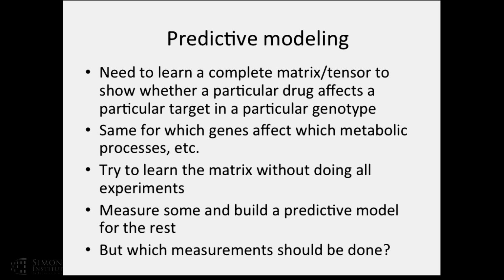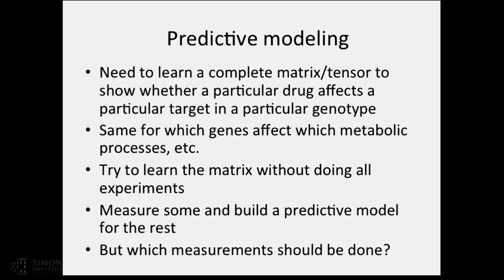And what I mean by that, and we're just going to stick with this as a motivating example, but we can change the variables as we wish, is let's think of the case where we have many possible drugs, so that's variable number one, and we have many possible targets, that's variable number two. Now we can add 3 and 4 and 5 as we want in terms of tissues, cell types, patients, genotypes, anything we want, but we're going to just stick with that for right now to try to go forward.